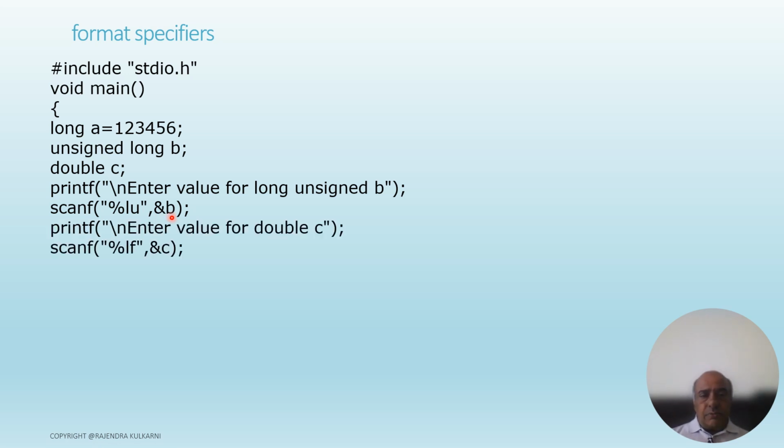Then we are taking a value from the keyboard for variable C, which is of type double. Another scanf function, when the user enters the value from the keyboard, scanf will assign that value to variable C, and the format specifier for double is %lf, where l is small case.